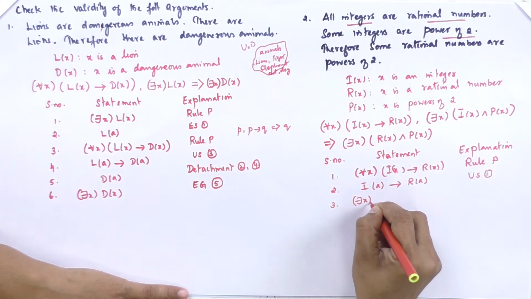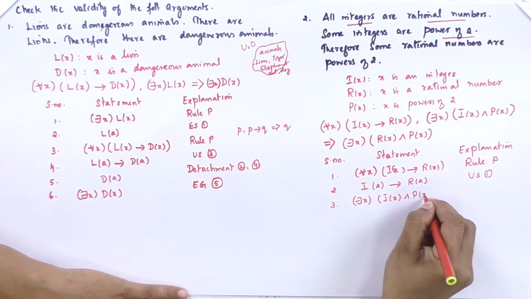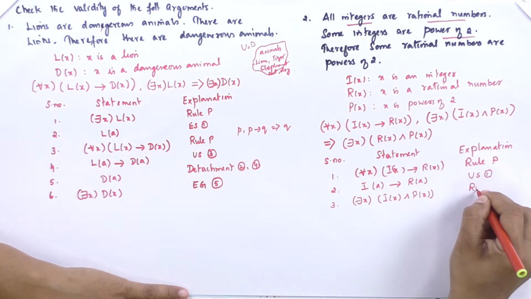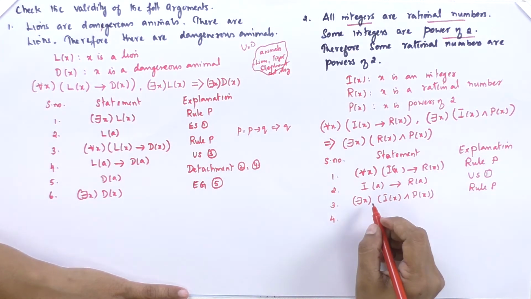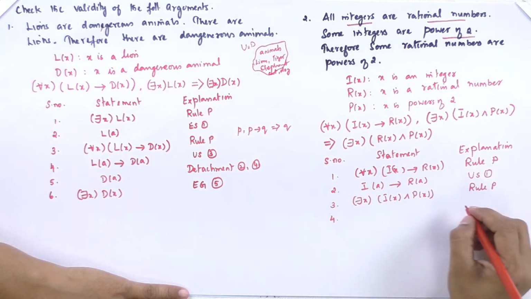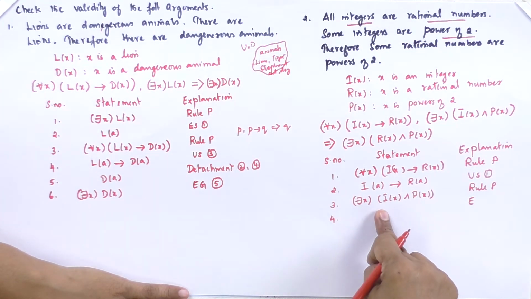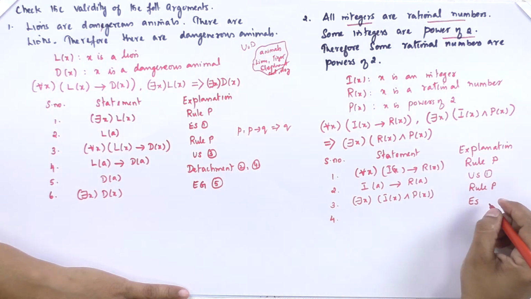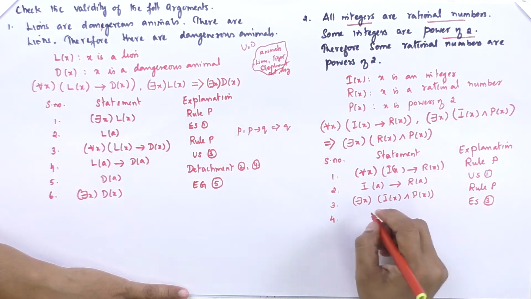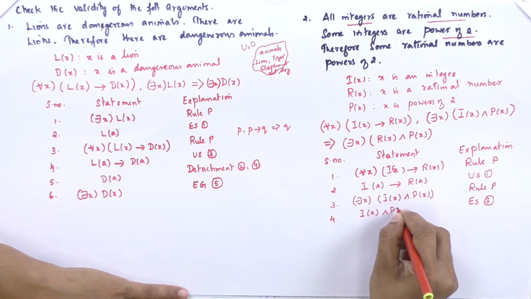Then the next statement: there exists x, I of x and P of x. That is again rule P. Then the fourth one, I will have to remove this also. Here I have the existential quantification, so from the generalized form, I will have to specifically say it is true. So ES on 3, we have I of a and P of a.